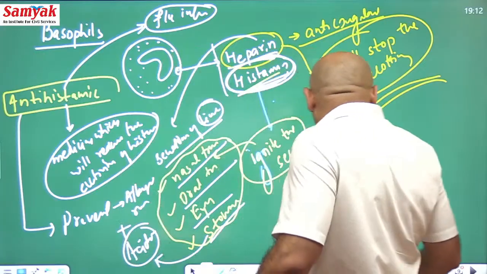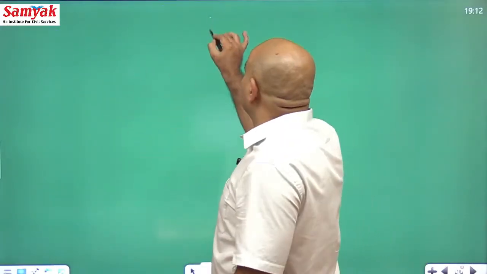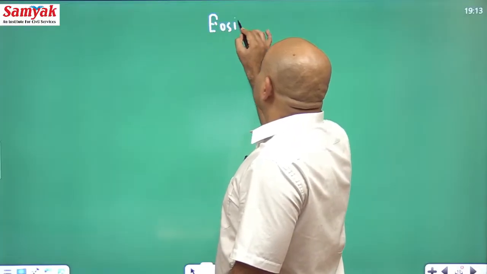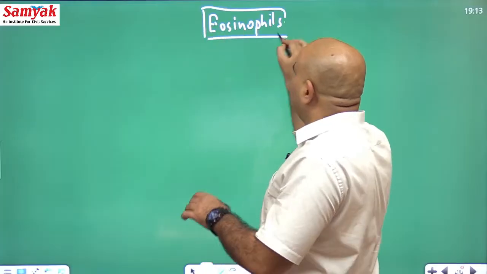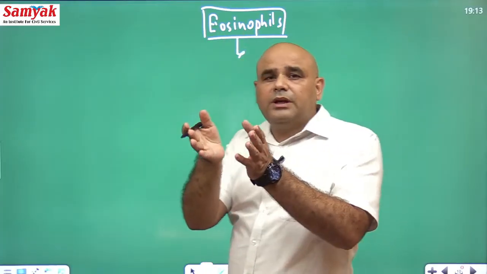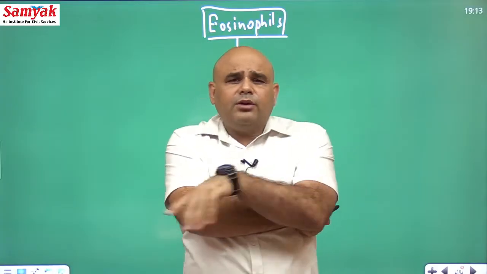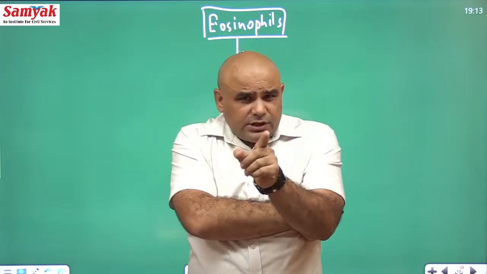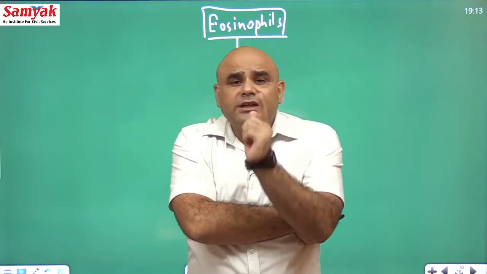Now the next one is eosinophils. Now what about eosinophils? Whenever you want to retain everything about eosinophils, try to recall any patient from your family or anyone you know who is a patient of asthma or an allergy associated with the respiratory tract.